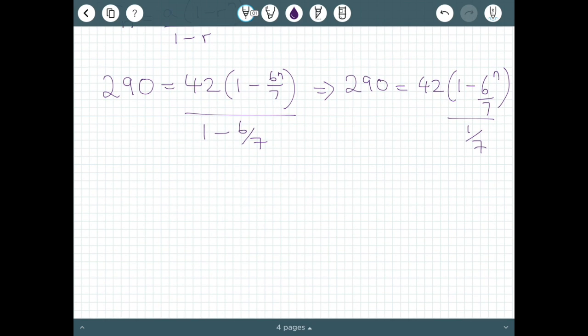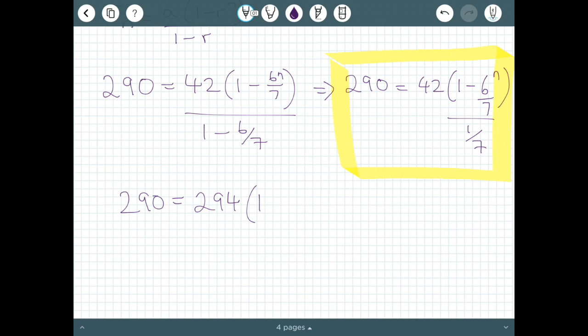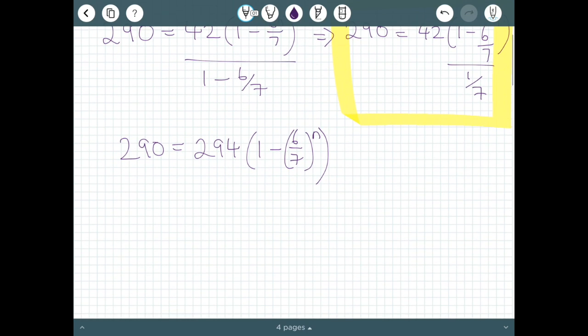So, thinking about what we're going to do here, I'm just going to tidy up this bit of it, and we're going to end up with 290 is equal to 294 bracket 1 minus 6/7. I'm actually going to put this in brackets this time, to the power of n, because dividing by a seventh is the same as multiplying by 7, so 42 times 7 is 294.